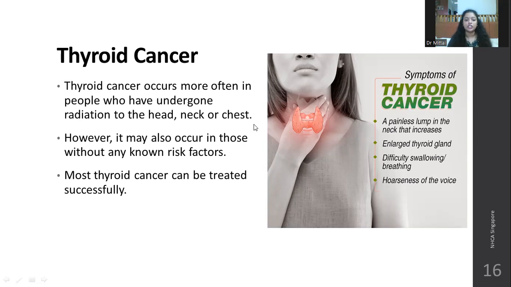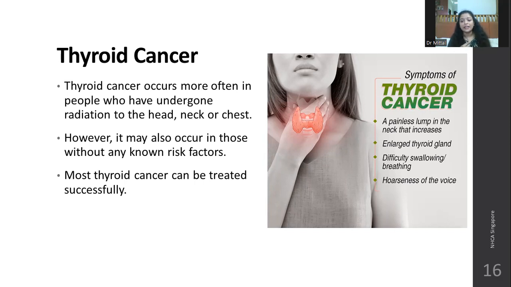When they undergo radiation, it can usually affect the thyroid gland negatively as well. It could lead to thyroid cancer. However, it may also occur in those who do not have any risk factors. People who do not have any family history of thyroid cancer can also have thyroid cancer. Most thyroid cancer can be treated successfully if it is caught early.